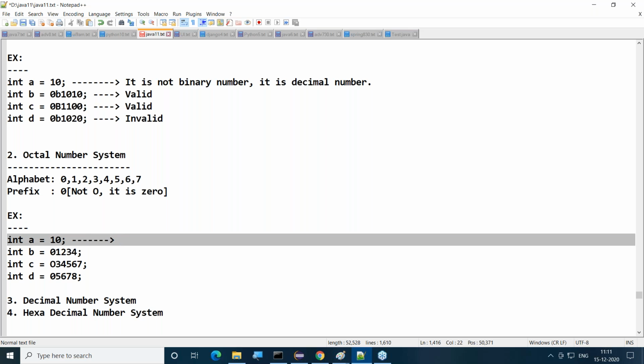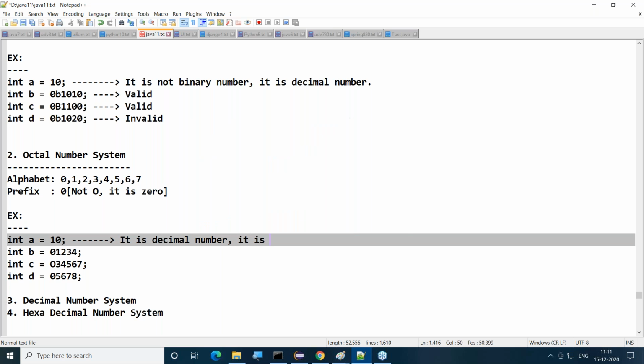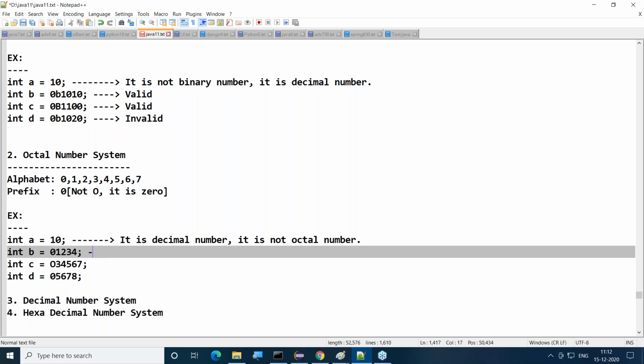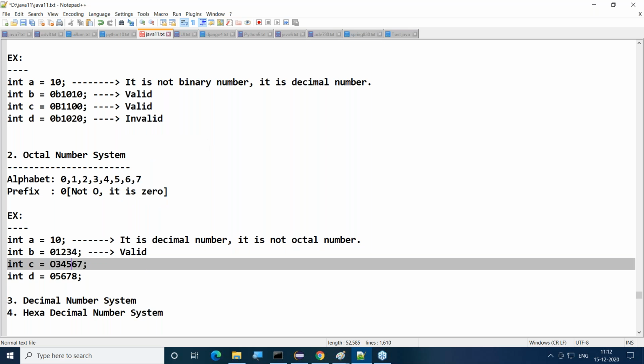What is the meaning of this? That means it is a decimal number. It is not an octal number. Then int b = 01234 is valid. It is valid.